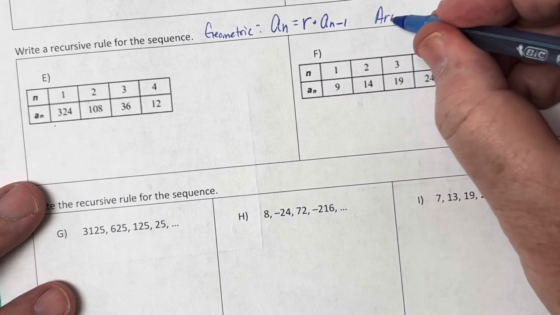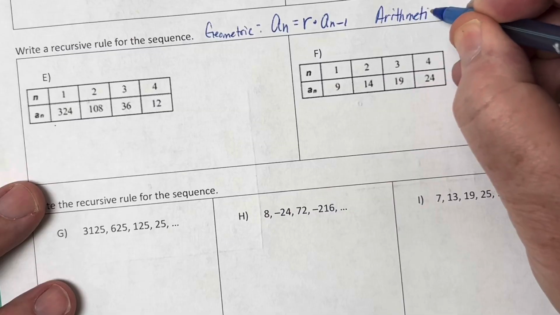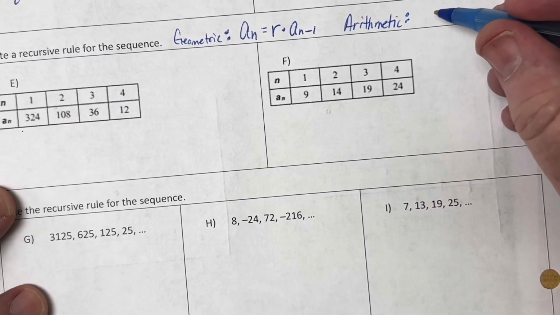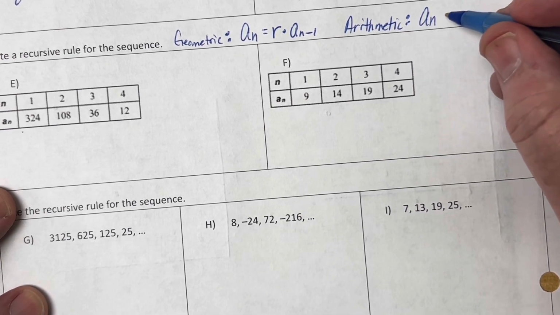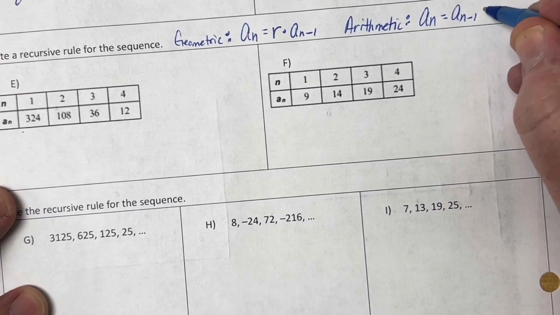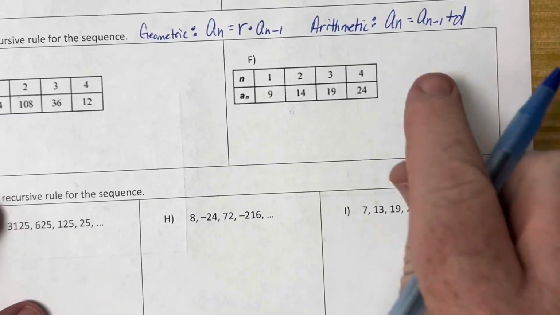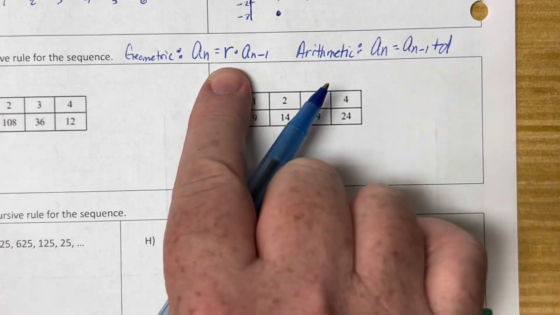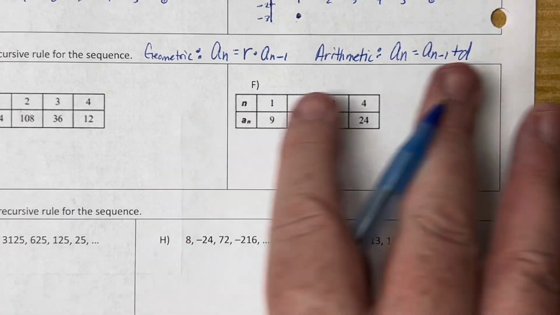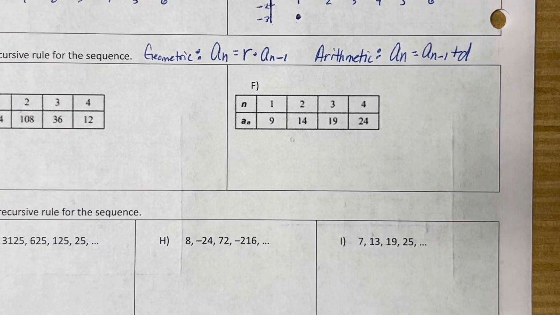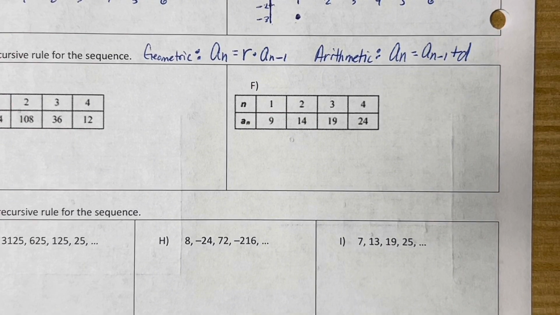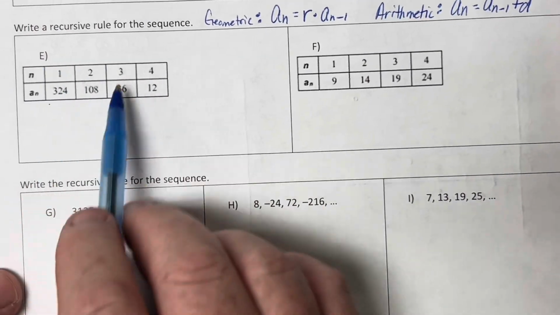And then arithmetic, that is a_n equals a_(n-1) plus d. Okay, so you can see the arithmetic in there, and you can see the geometric there. So depending on what the sequence is, that's going to be your basic equation that you use to write the rule for each sequence.